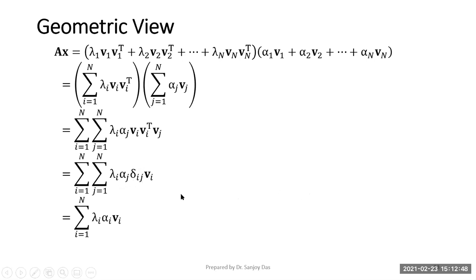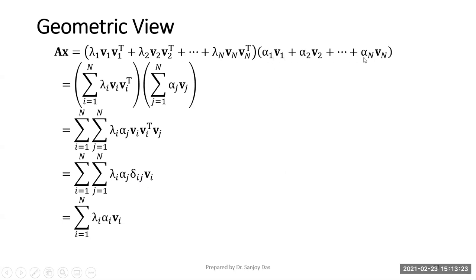All the other terms of this summation vanish. So we are only left with terms lambda i when j equals i. So alpha j becomes alpha i, right? And this becomes 1. Delta ij when j equals i equals 1. So ignoring it, and this is Vi. Okay? So Ax is equal to this summation lambda i alpha i Vi.